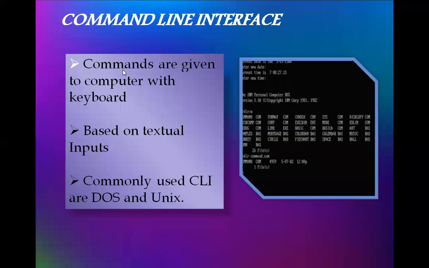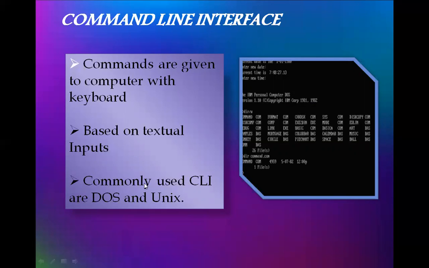In a command line interface, commands are given to the computer with the help of the keyboard. It is based on textual inputs. A command can be typed with the keyboard and the enter key pressed. Then this command is executed within the computer.